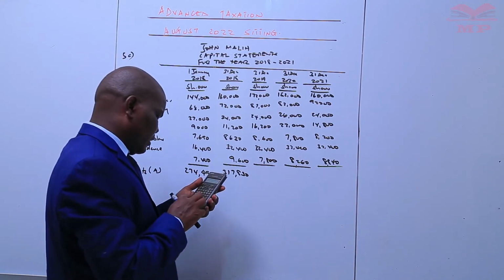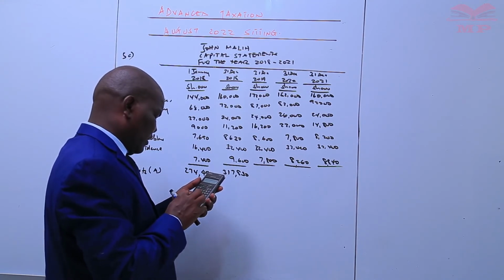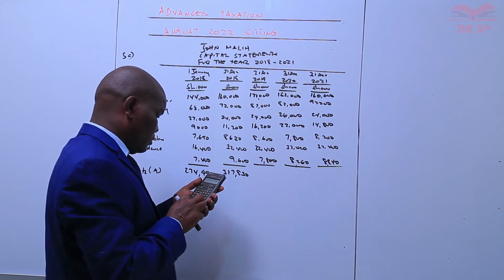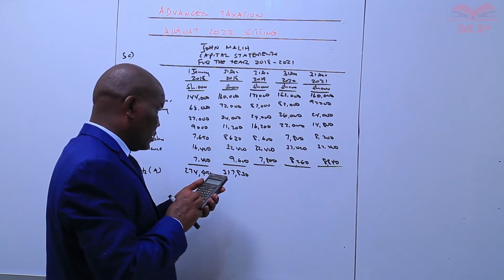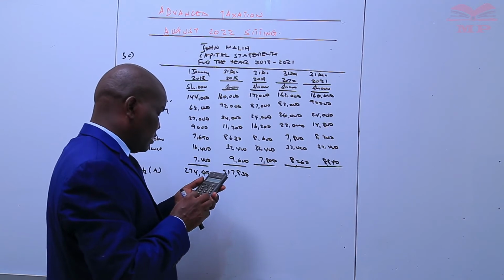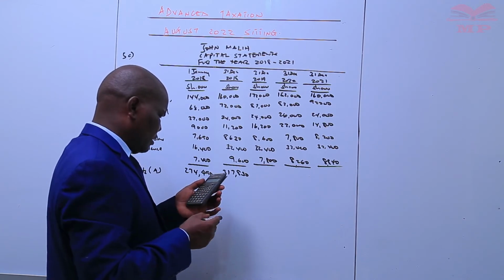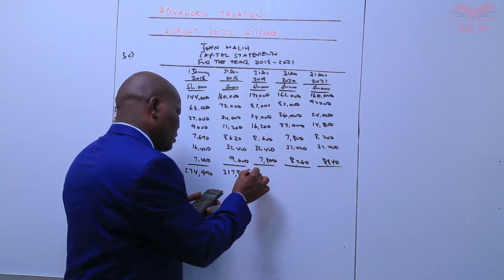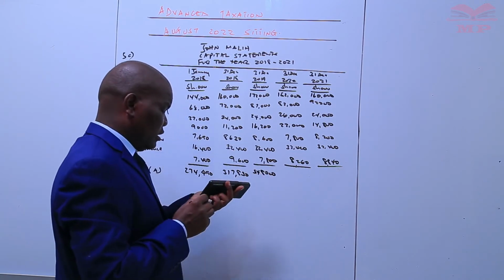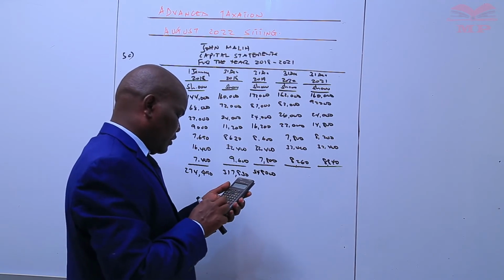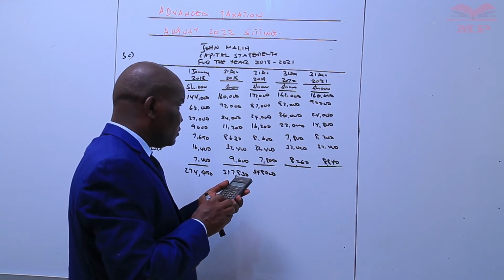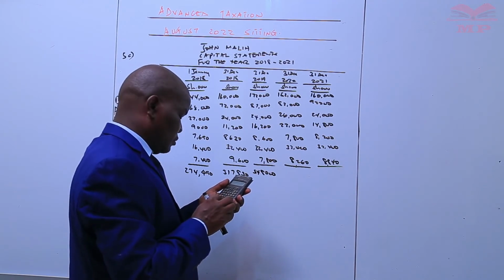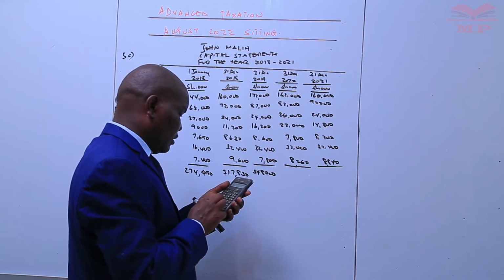2019: 172, 87, 24, 16,200, 8,600, 32,400, and 7,800. I'm getting 348,000. 2020: 152, 82, 26, 22, 7,800, 32,400, and 8,260.